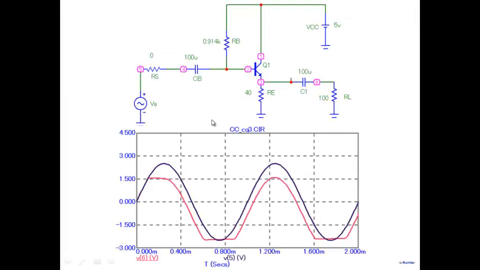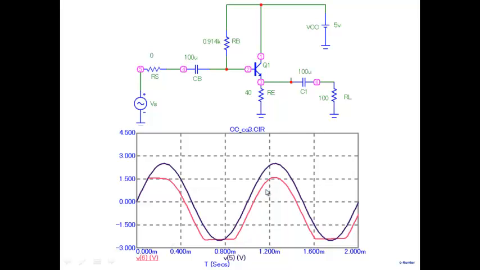The same particular design was taken, so we have 40 ohms here, 0.914K here, and upon simulation it gave something interesting. On the positive side it looks fine, it looks like a sinusoid, but on the negative side we see that there's a large clipping. So the result is opposite to what we had expected.